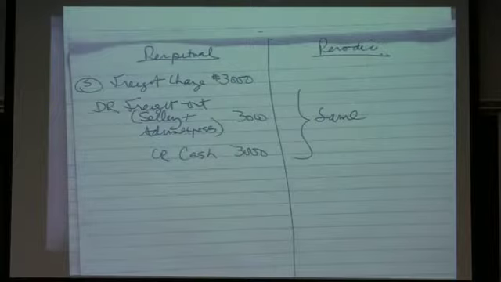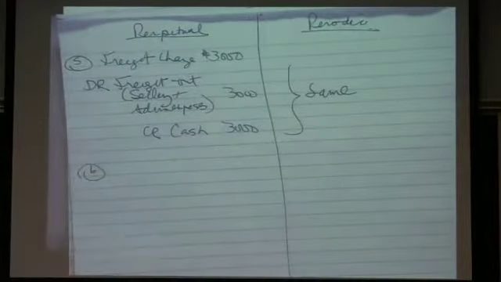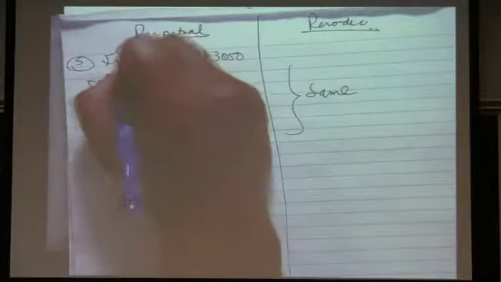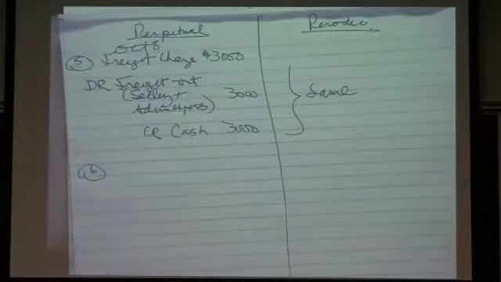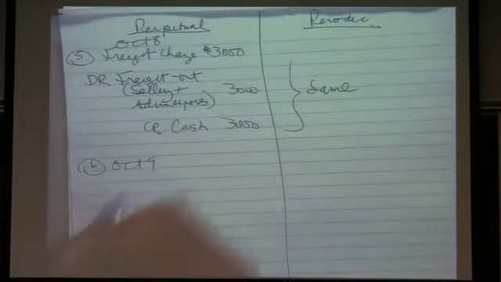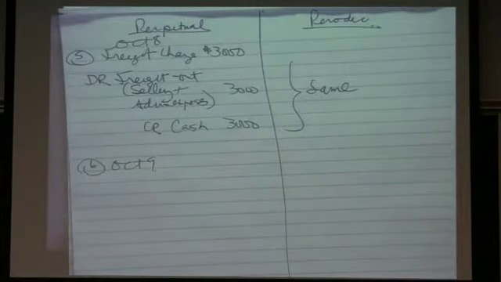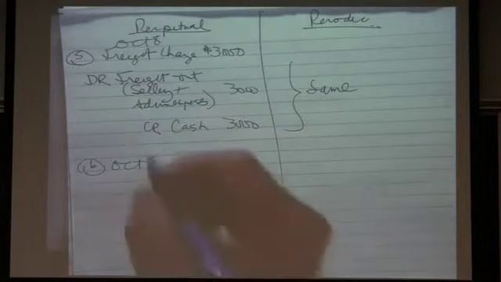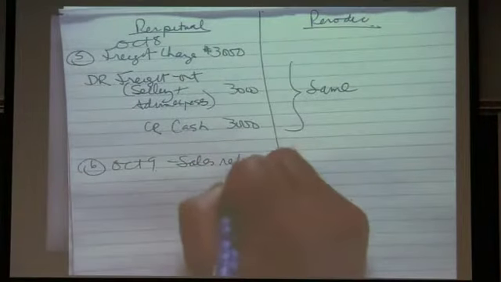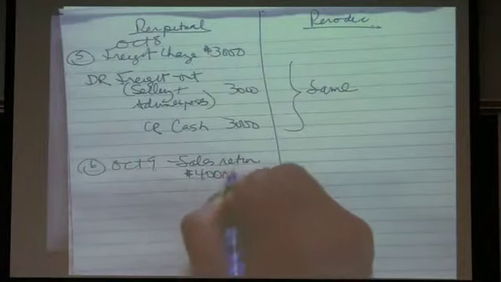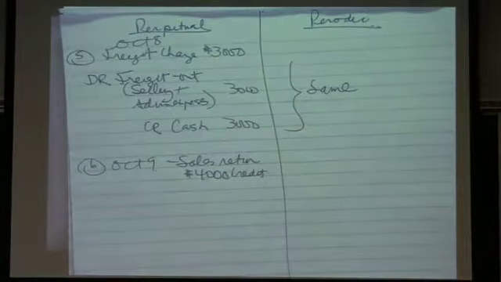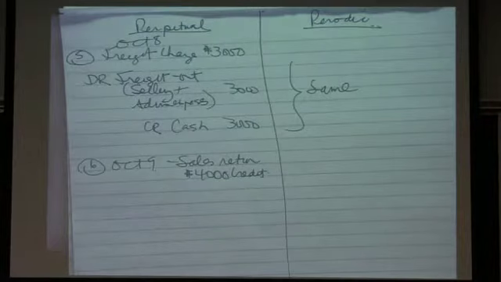Okay. Now, number 6. Number 5 was on October the 8th, right? Number 6 is October the 9th. The customer that we just sold the product to on October the 8th returned some of the merchandise that they purchased for $4,000 credit. So this is a sales return. The original cost of that merchandise is $2,400 and it was returned to inventory.